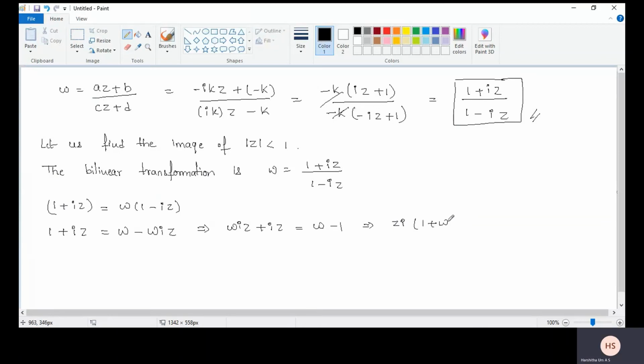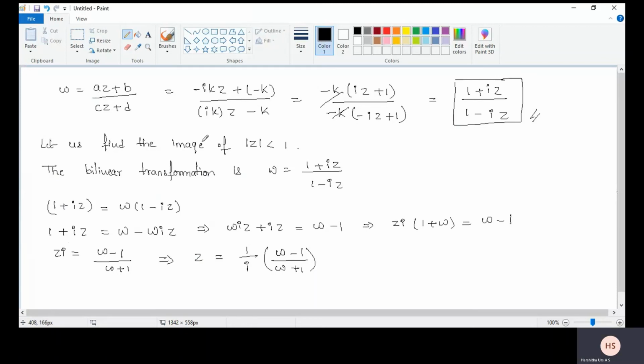I will get 1 + W is equal to W minus 1. iZ is equal to (W - 1) divided by (W + 1). So Z is equal to 1 by i into (W - 1) divided by (W + 1).